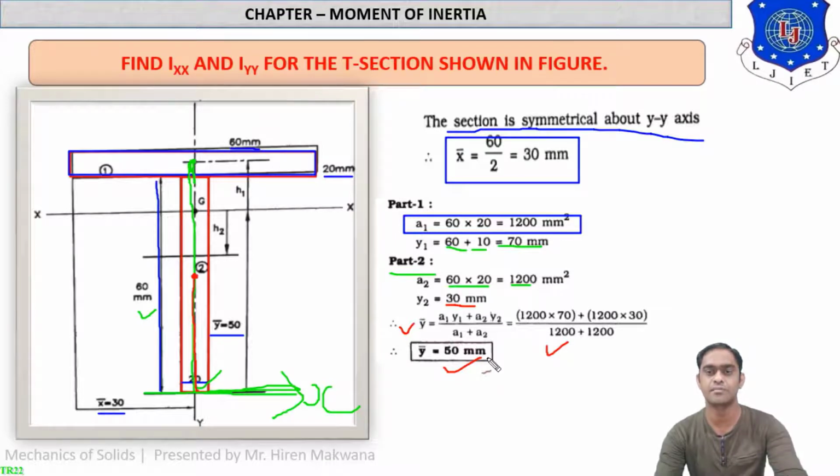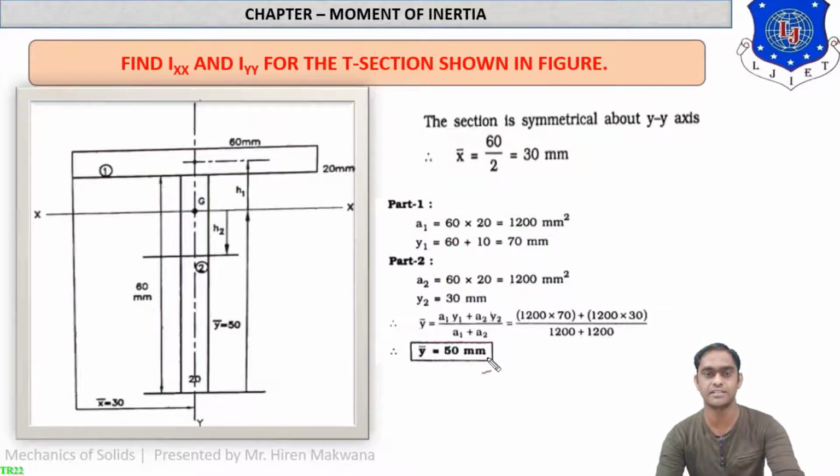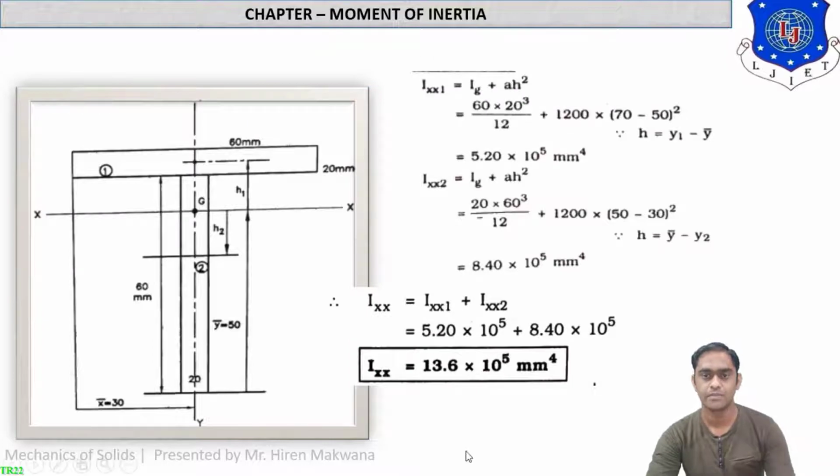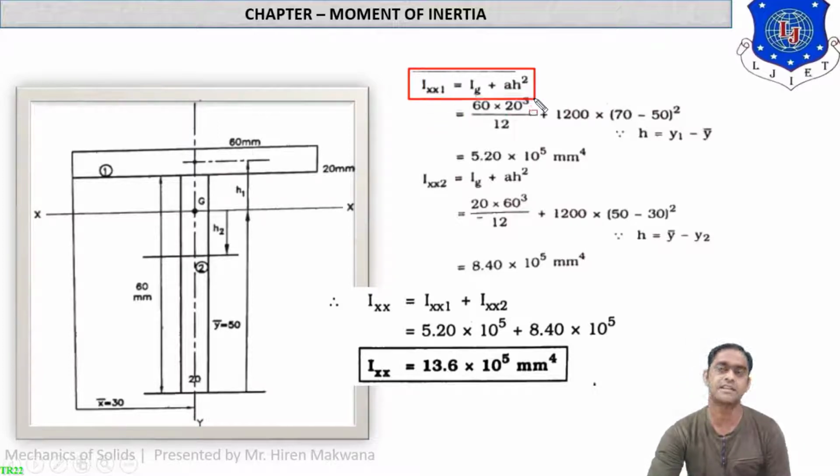Now let us discuss moment of inertia about the centroidal axis. So you can see now what is given in the figure. In the same figure, we will first of all find Ixx for part 1. As per the parallel axis theorem, this is the Ixx, the centroidal axis. About this axis we are going to find the moment of inertia. Now what is Ig?